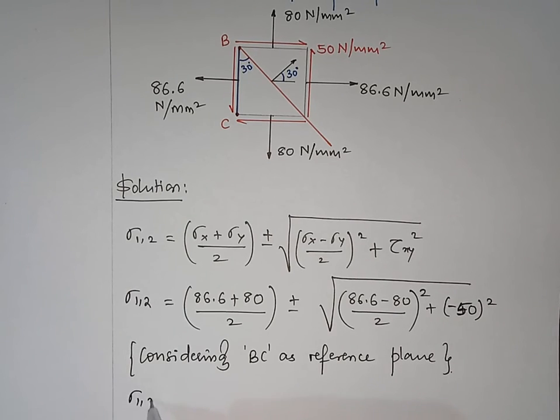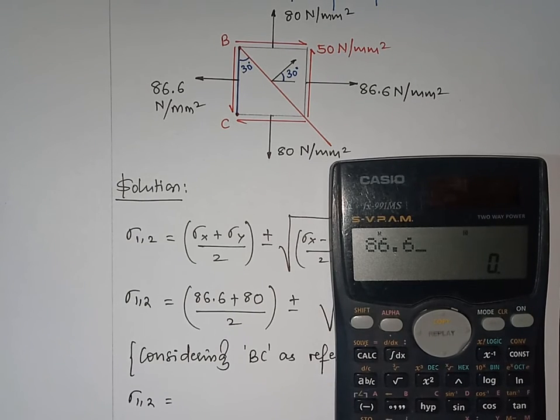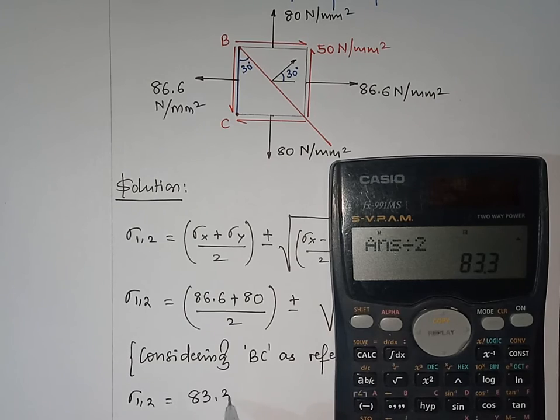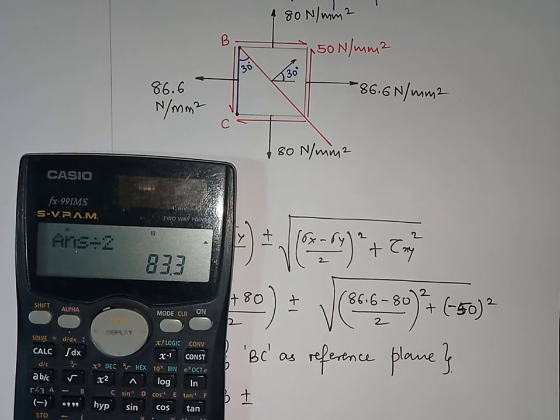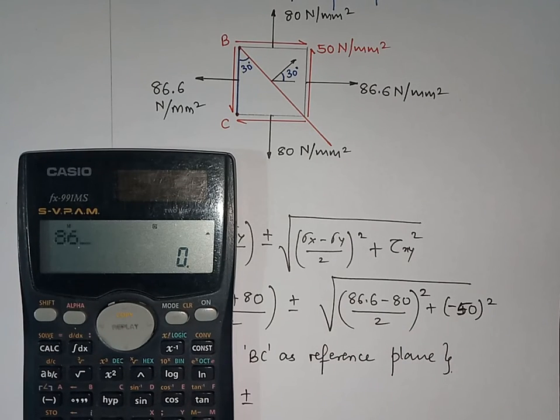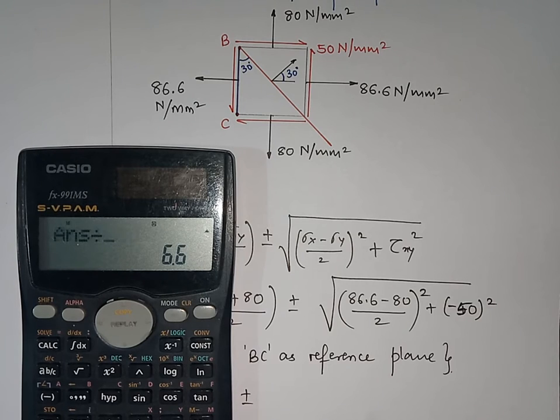So sigma 1, 2 will be equal to (86.6 plus 80) divided by 2, which is 83.3, plus or minus. So in this, let me check out what we'll be getting. (86.6 minus 80) divided by 2, and I need to square this.